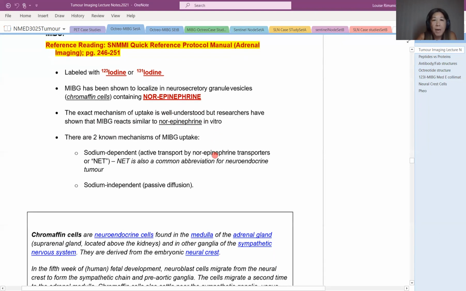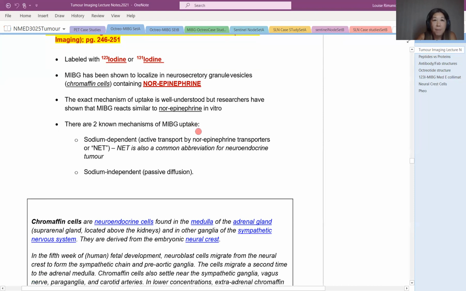There are two known mechanisms for uptake of MIBG. One is a sodium-dependent or active transport by the norepinephrine transporters that are found on various cancer cells. And then there's the sodium-independent mechanism, which is by passive diffusion.